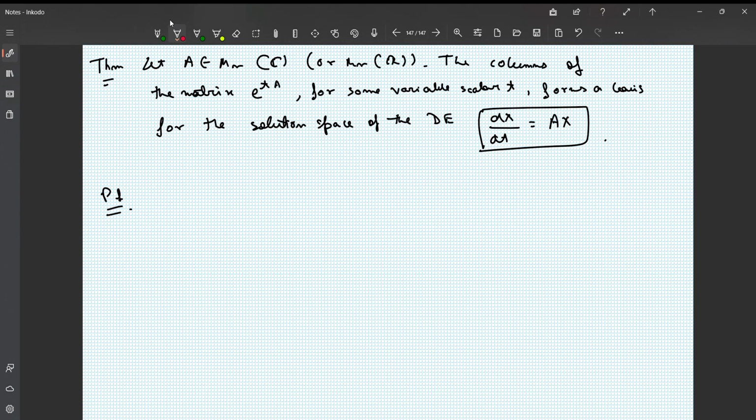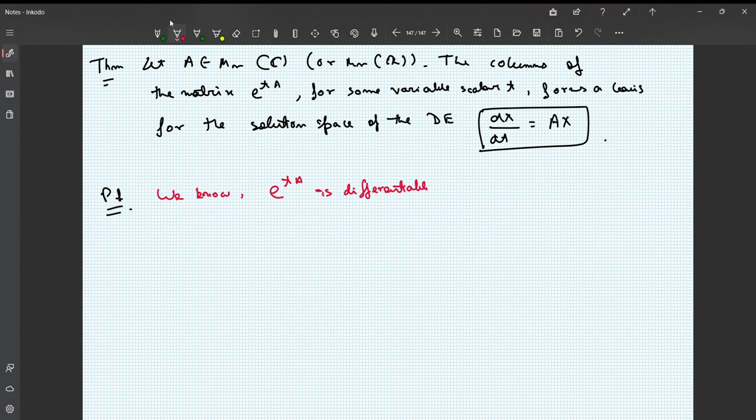It says that e to the power ta is differentiable and its derivative is a e to the power ta, right? So we know e to the power ta is differentiable.